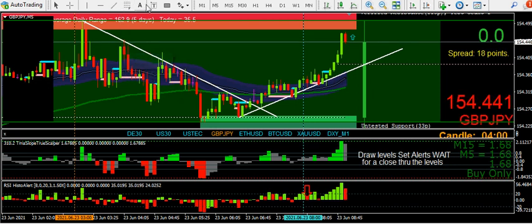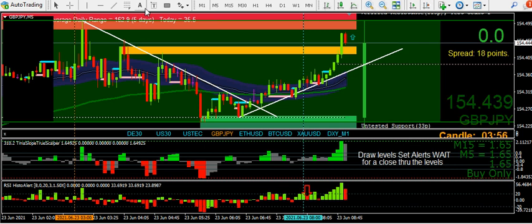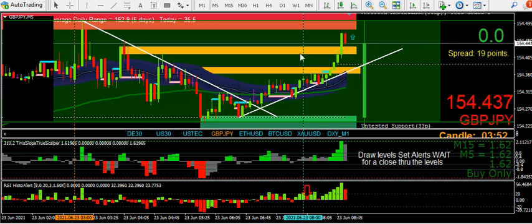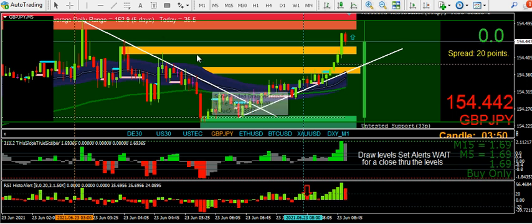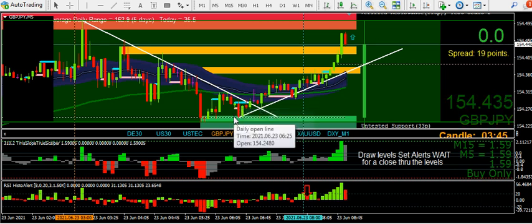If you were of a mind to draw levels there and there, then you can see how things might be confusing, but the automated dynamic support and resistance indicator eradicates potential confusion.